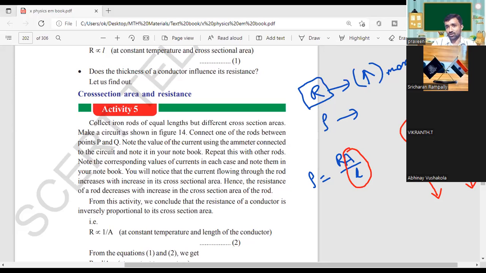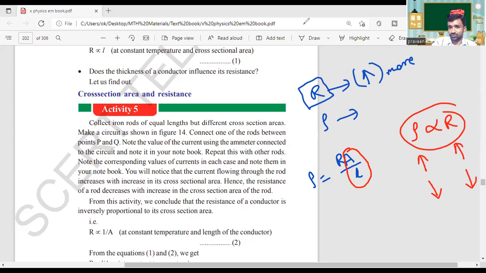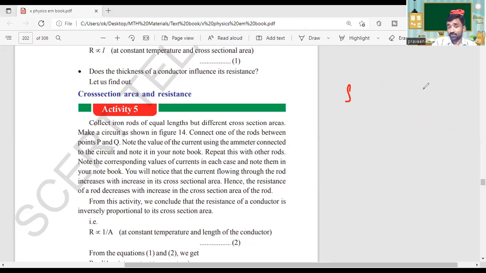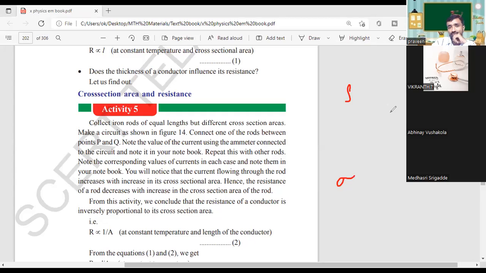So now one more thing we are trying to understand here, that is the resistivity and conductivity relation. Can anybody give me the relation between resistivity and conductivity? If you don't know, I'll proceed.